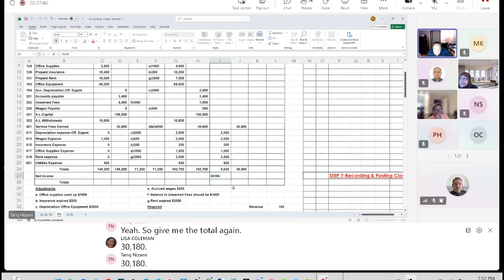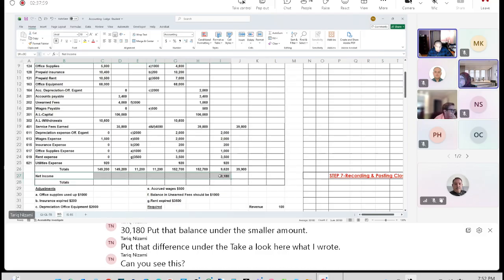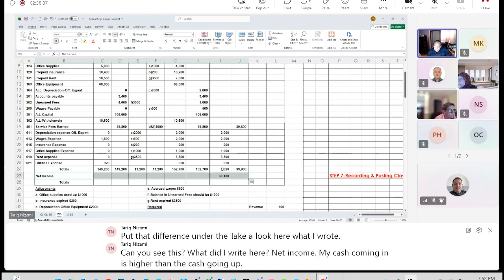Put that balance under the smaller amount. Take a look at what I wrote here: net income. My cash coming in is higher than the cash going out.